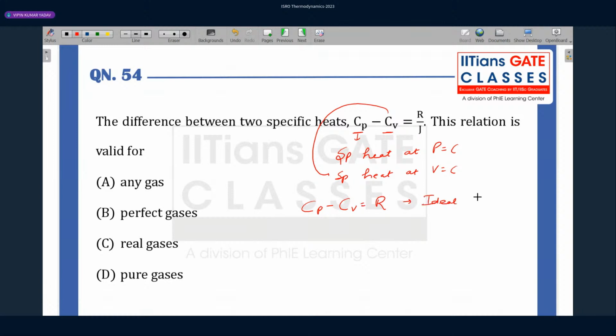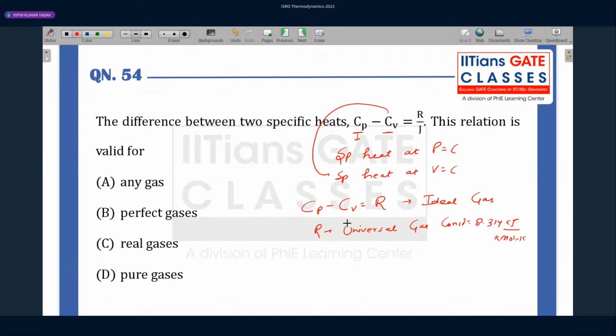Ideal gas R, what is R here? R is the universal gas constant, and the value is 8.314 kilojoule per kilomole Kelvin.